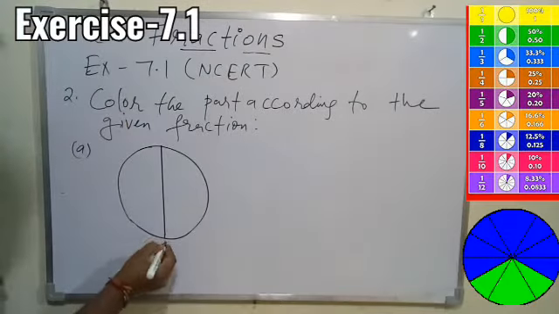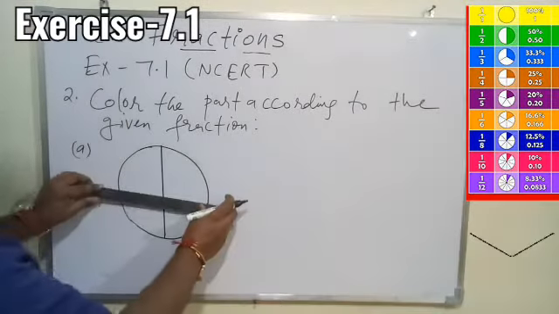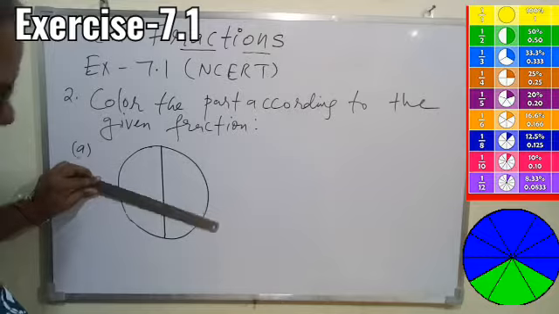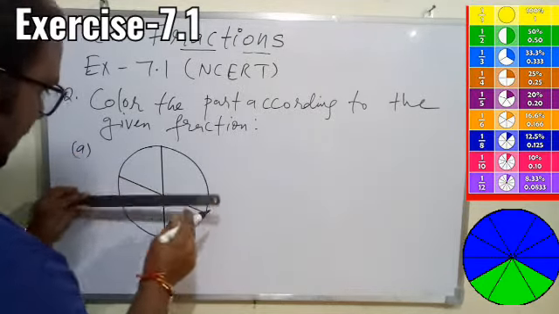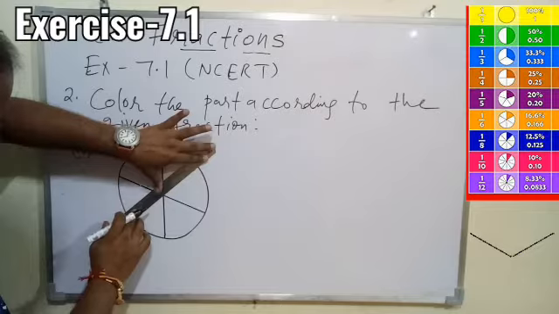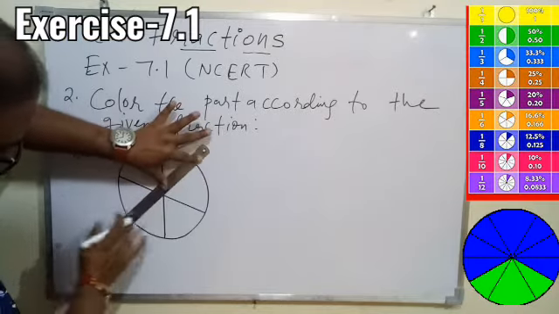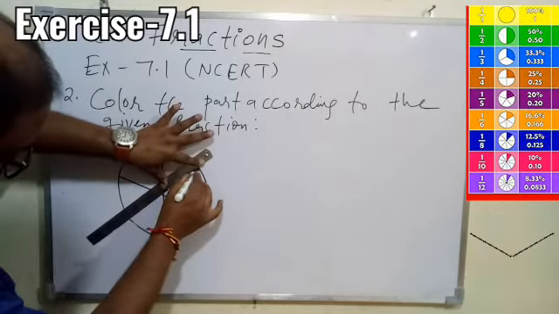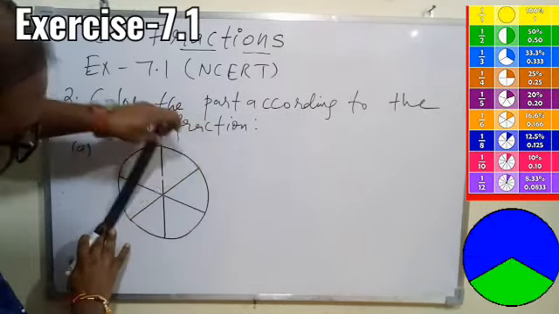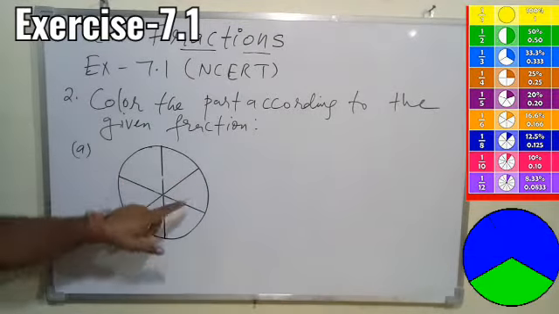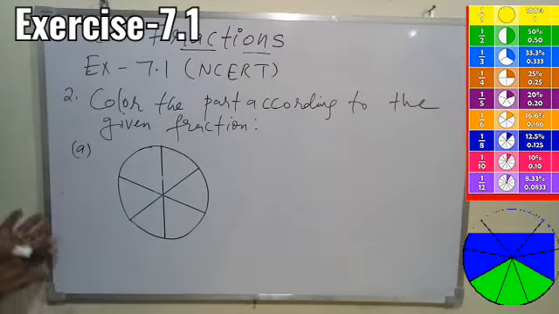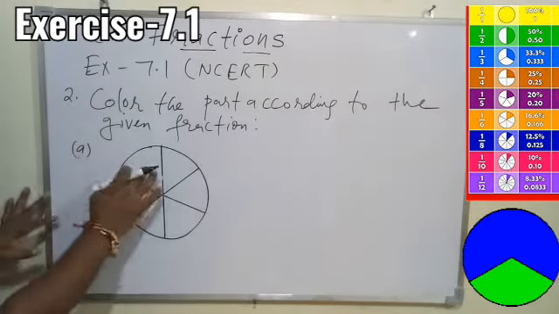This is one, then this is 2, and a third one. When you are doing it at home, you must take care that all the parts are equal. I may not be so perfect on the board, but you must try. The parts should be equal.